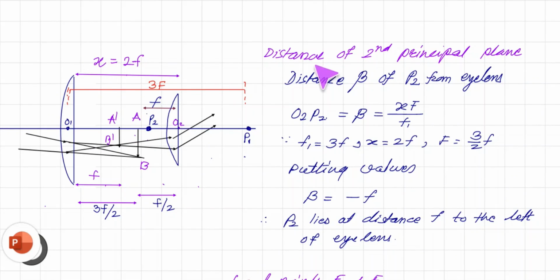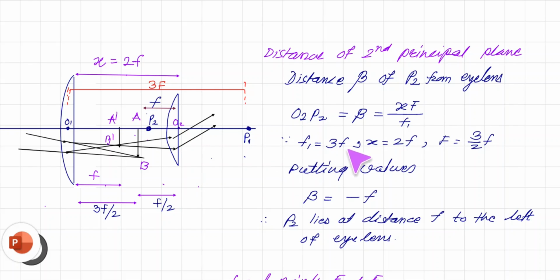Now let us talk about the distance of the second principal plane, that is beta. We know that beta is equal to x f upon f1. So beta is the distance from the optical center of the eye lens.